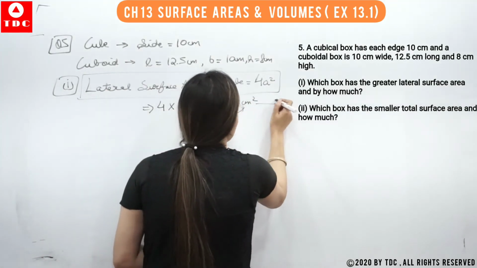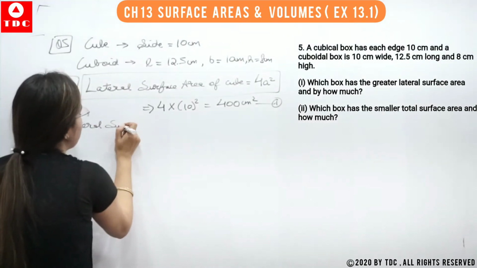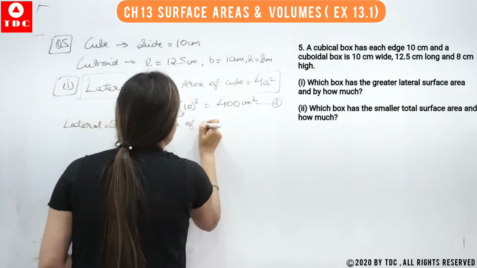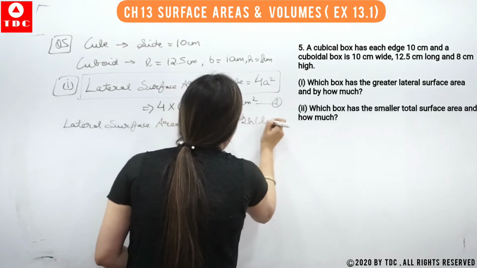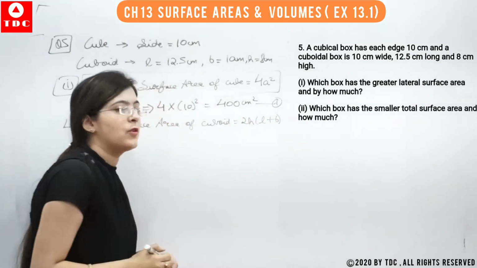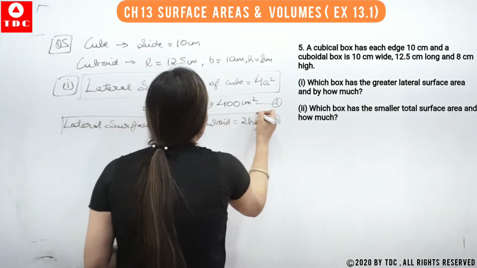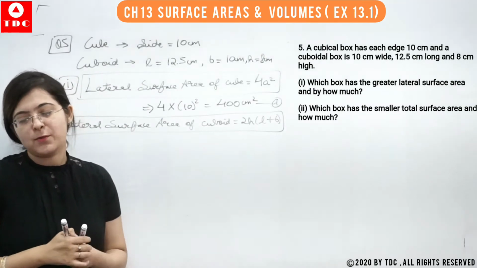Give it equation 1. Then what is the lateral surface area of cuboid? It is 2h(L + b). Okay, lateral surface area of cuboid is 2h(L + b). So how much will we get here?